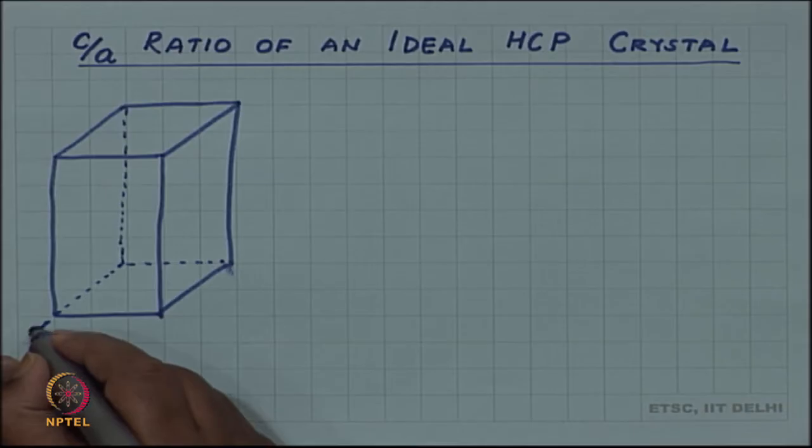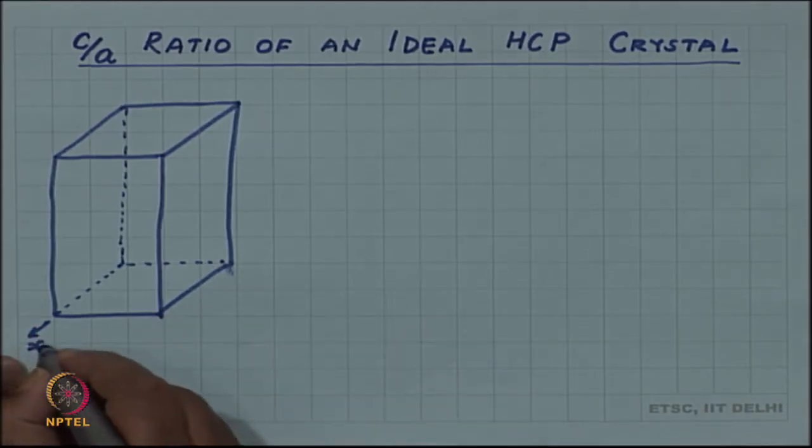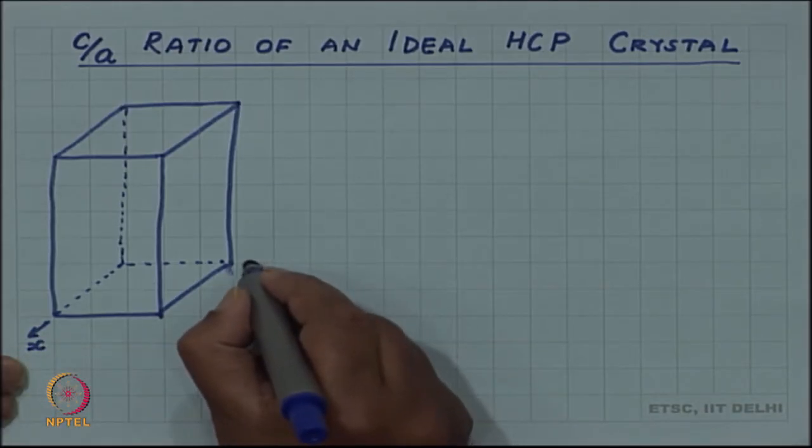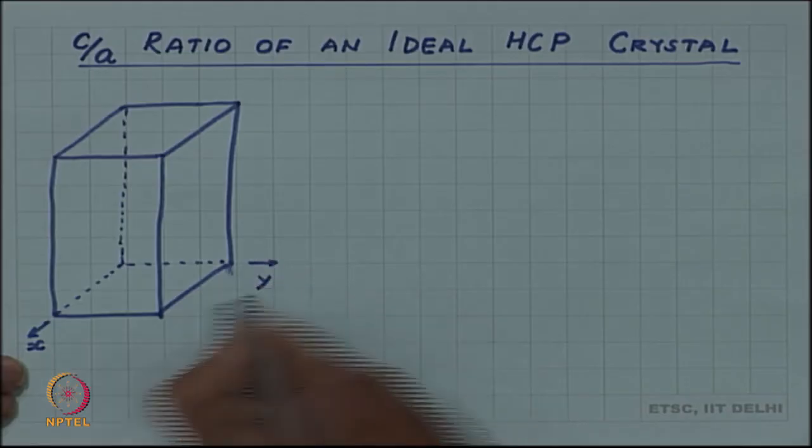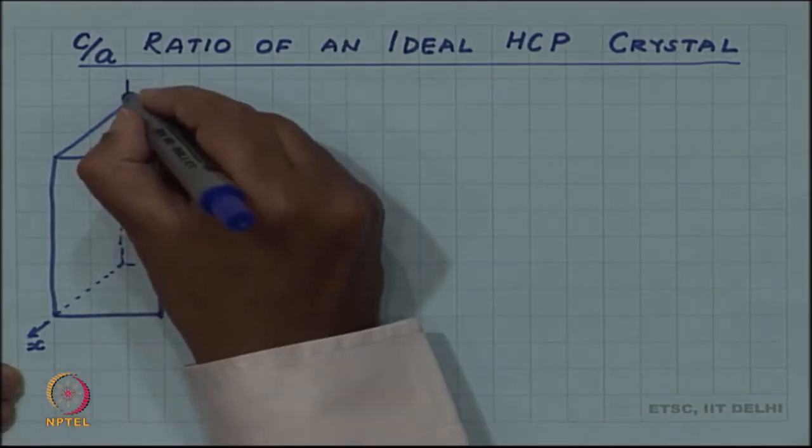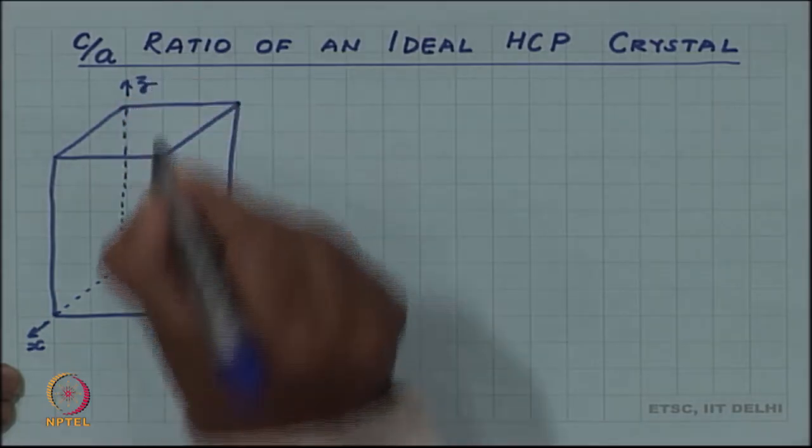So, I have tried to draw the unit cell. This is the x axis, this will be the y axis, and this is the z axis.